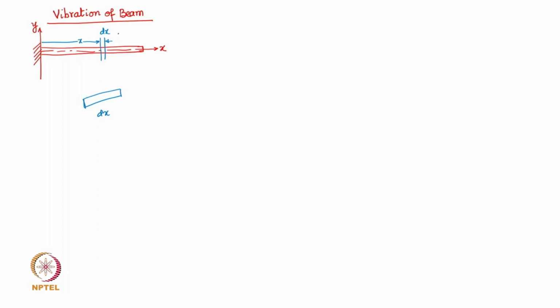Of course, the beam is also, as we always assume, subjected to external forces. These forces could be due to external loading on the beam, which could be dynamic. That is why it is a function of both time and position.